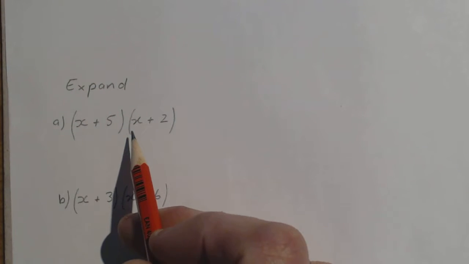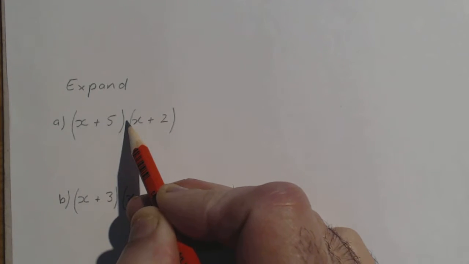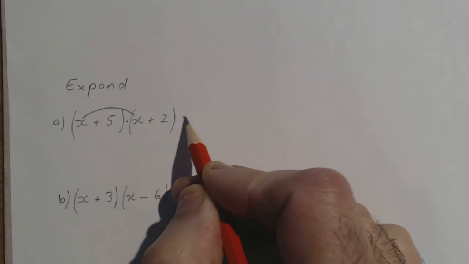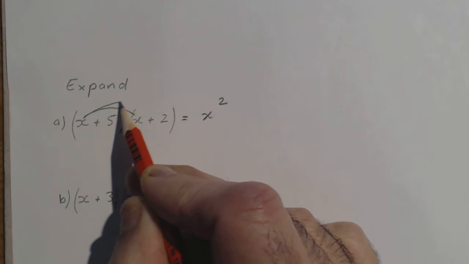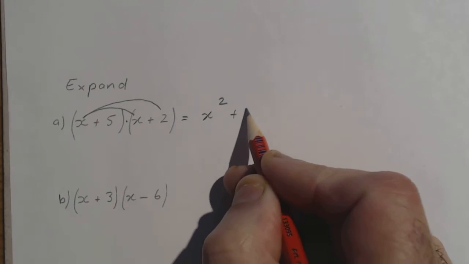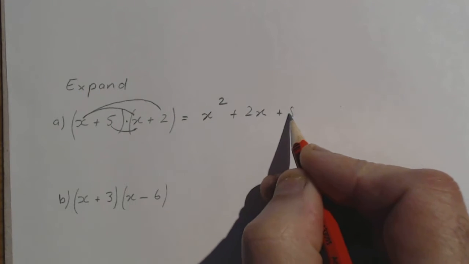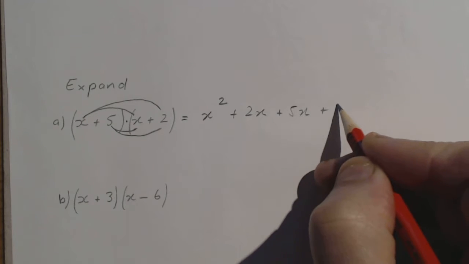We want to expand these. We have x plus 5 times x plus 2. We have x times x, x squared, x times 2, we get plus 2x, 5 times x plus 5x, and then 5 times 2 gives plus 10.